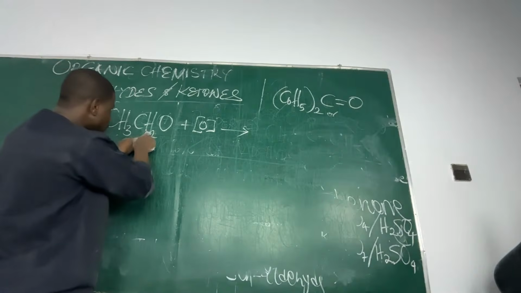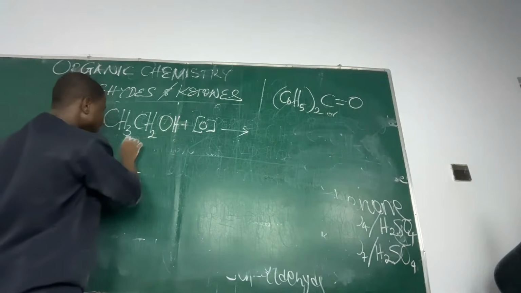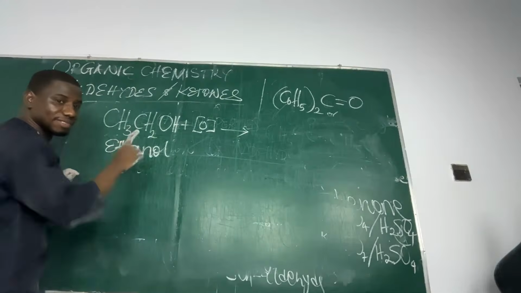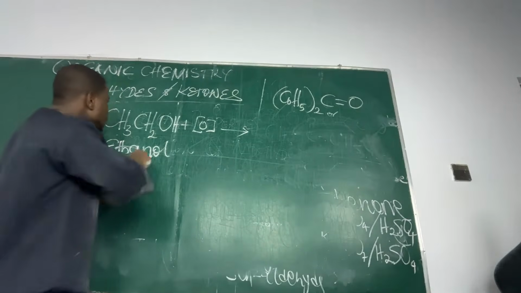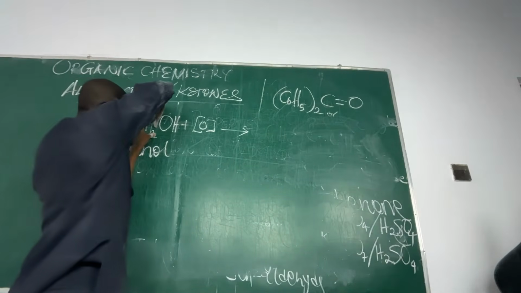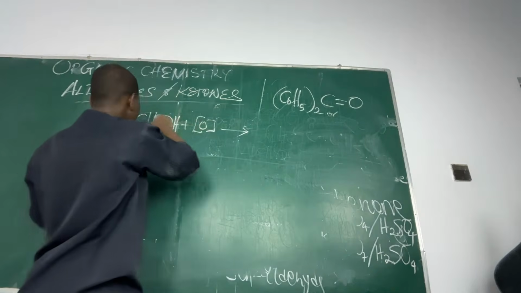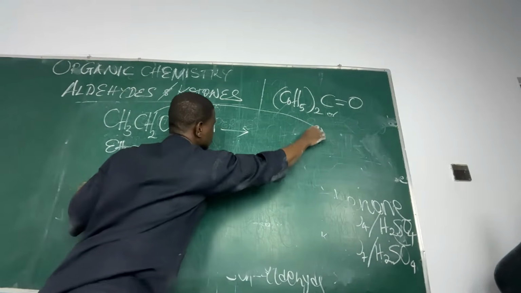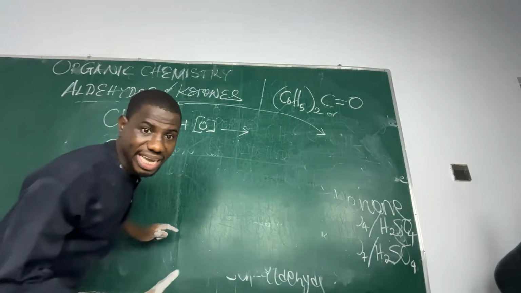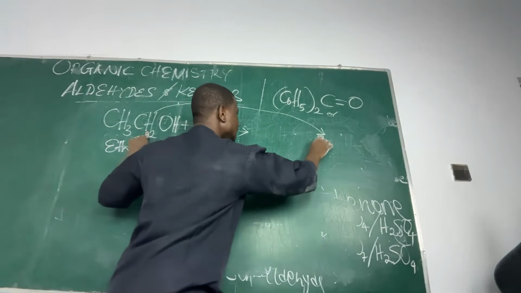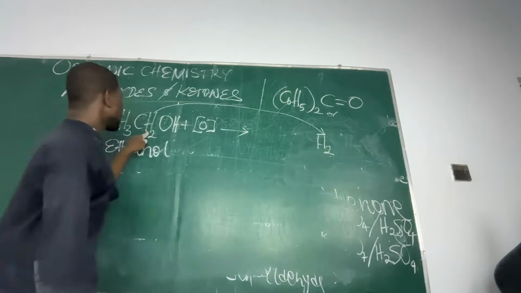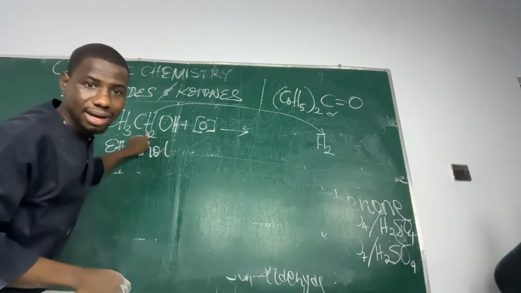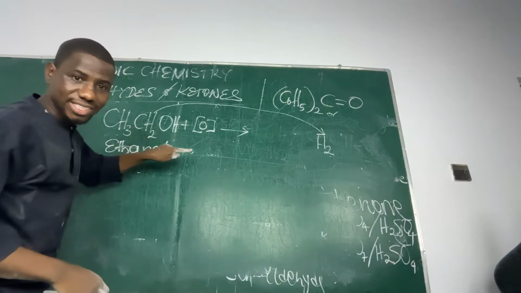This is CH2OH, representing ethanol. If we come here, let's remove these two hydrogens. This H2, we are taking it out. Are you with me? What is remaining here is OH.